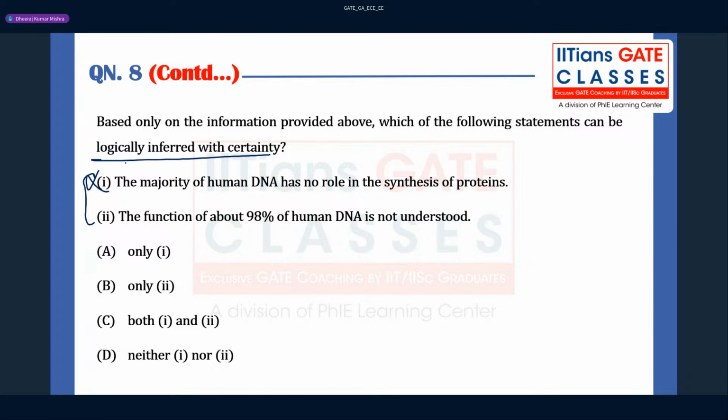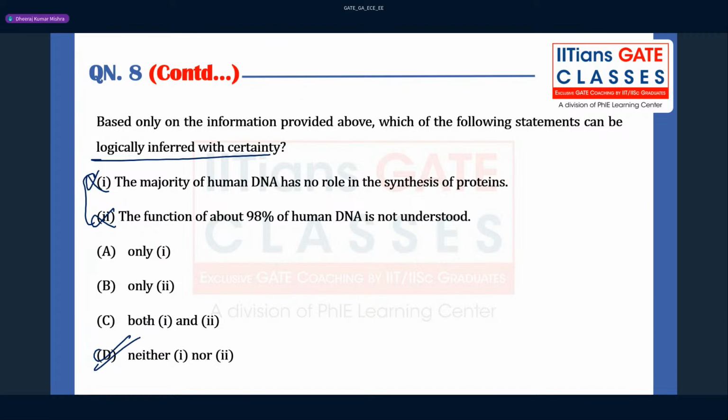And the second statement they have given here is that the function of about 98% of the human DNA is not understood, right? This is also not mentioned anywhere, any sort of function or something. So what will be the correct option then? The correct option for question number 8 is nothing but Option D, neither first nor second. I think this is clear.